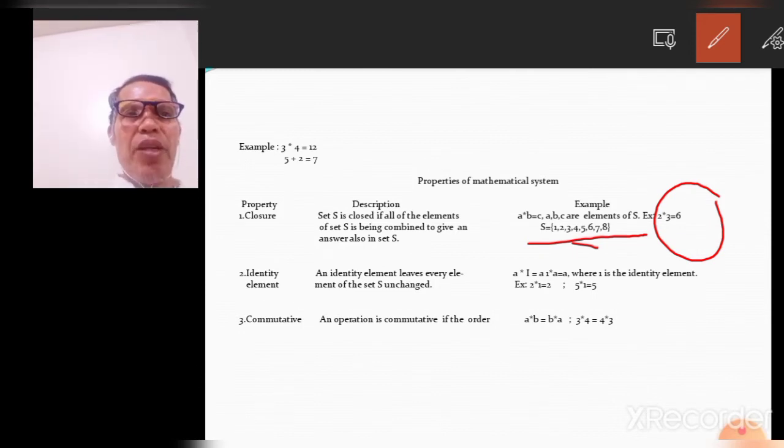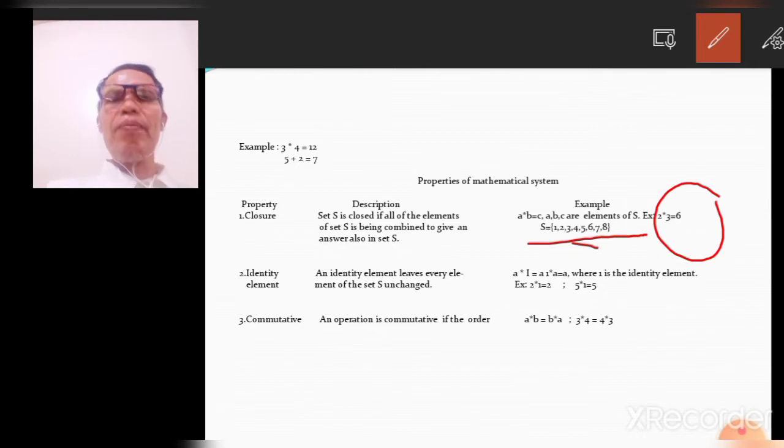For example, if you are going to multiply 1 times A or A times 1 equals A, where 1 now stands for the identity element. So meaning, if any number multiplied by 1 is equal to the number being multiplied, then 1 is the identity element. So in multiplication, we can say that 1 is the identity element.